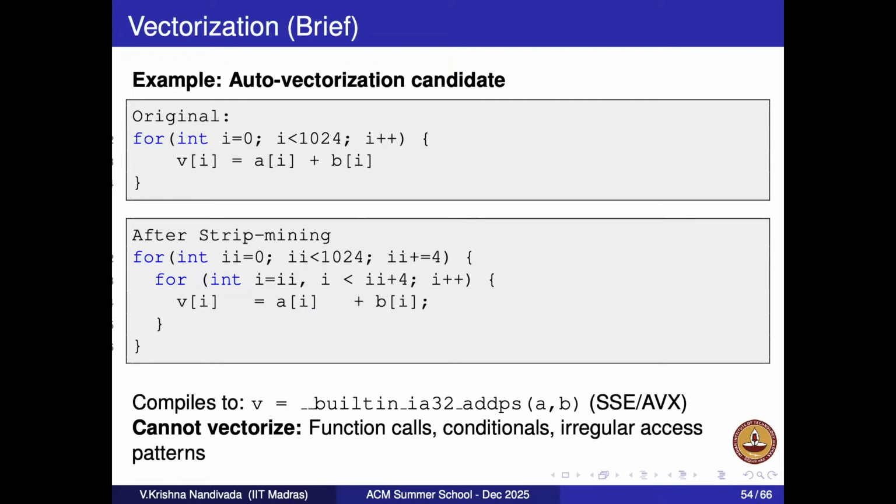So you can have a low level instruction that can add, where you give the starting address of A, starting address of B. So I want to do A sub I plus B sub I, correct?